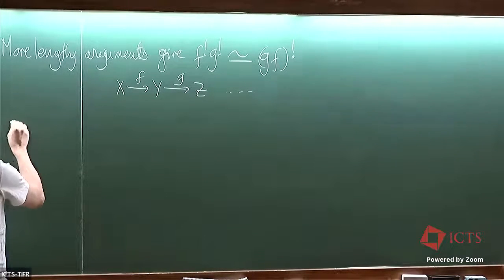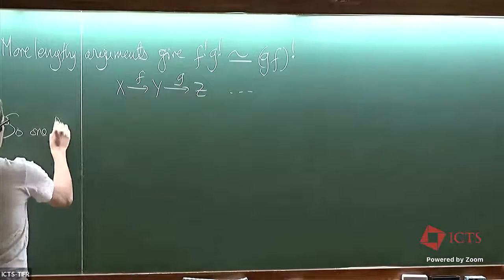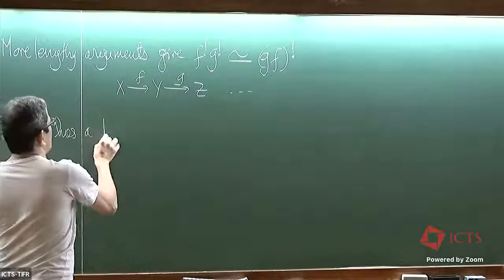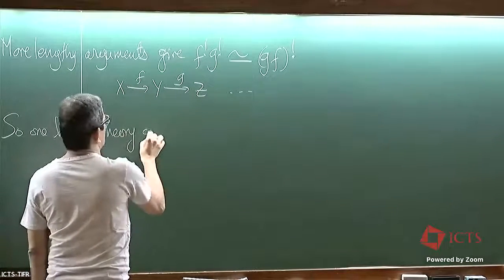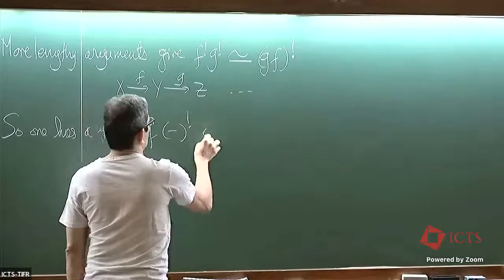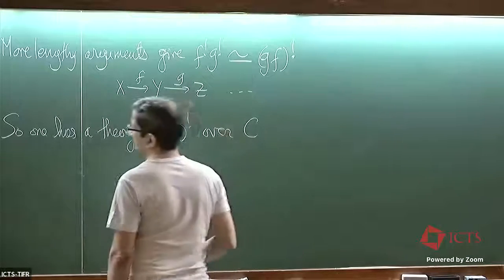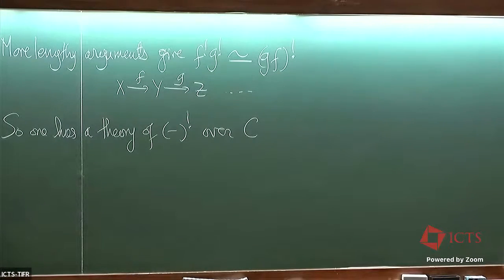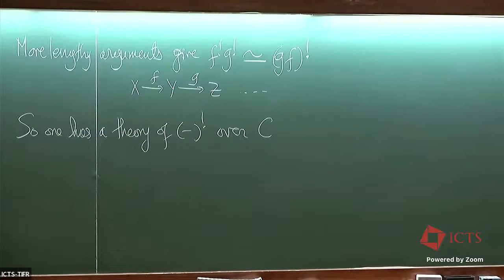And so one has a theory of... I will not elaborate on that statement. Basically, what I mean is that I have a functor F shriek for every F, and then it behaves in this nice way.